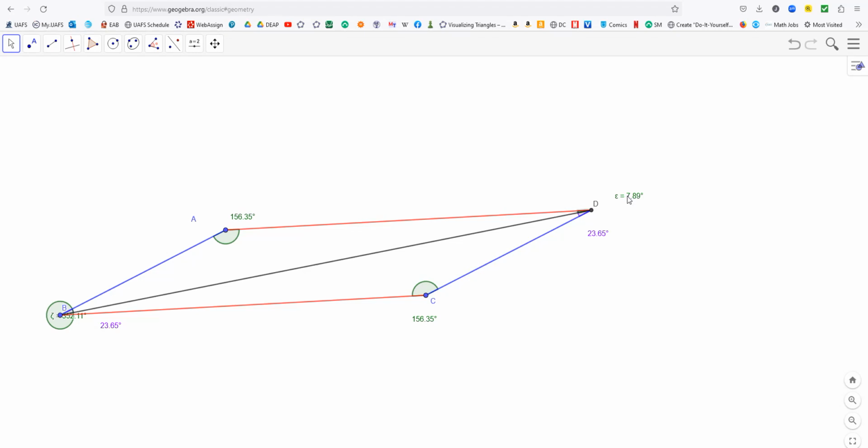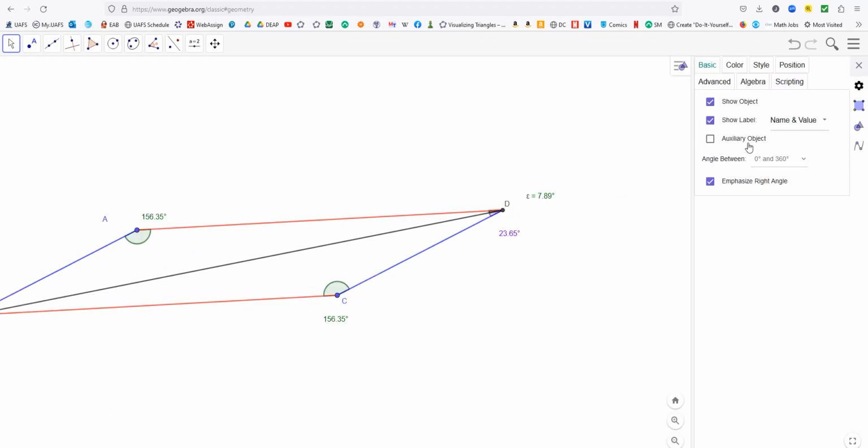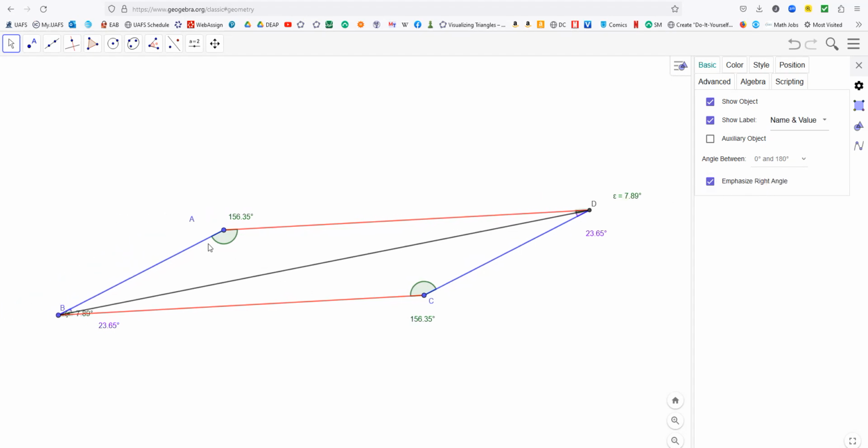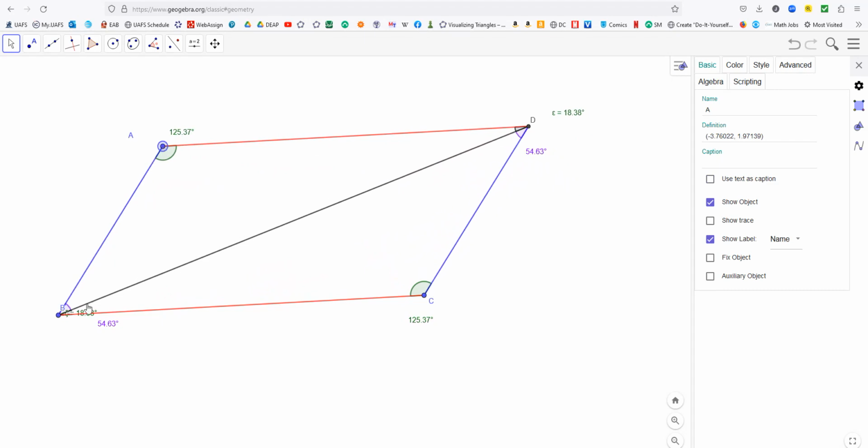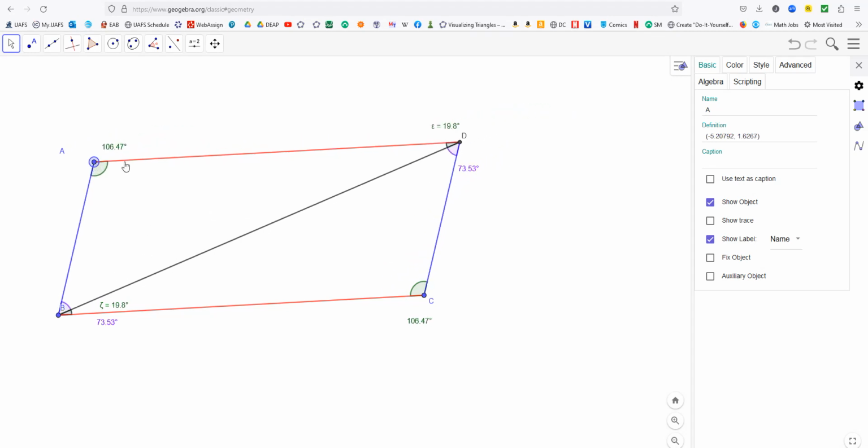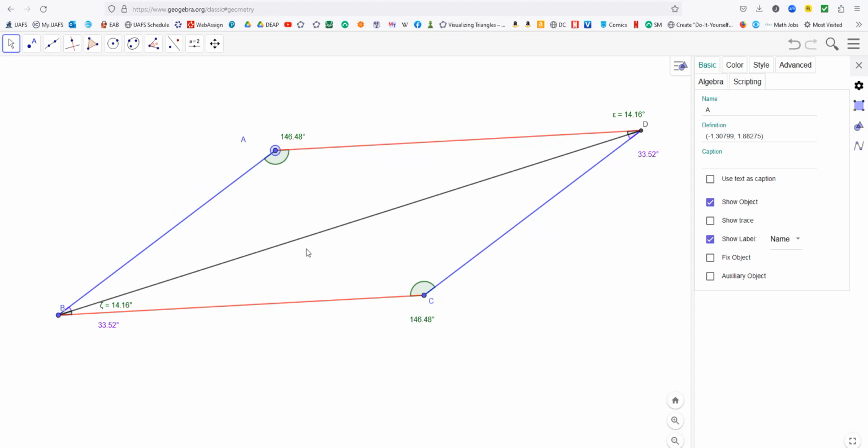Got that one and this one. Let's see, between 0 and 180 degrees. All right, so now let's look at what we've got. What do we get for that angle? There it's 18 degrees, about the same there. Yeah, it is the same. So Z property says those angles are the same.